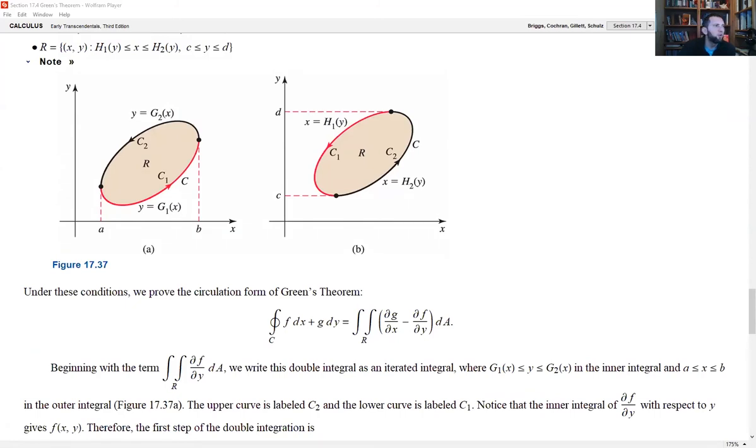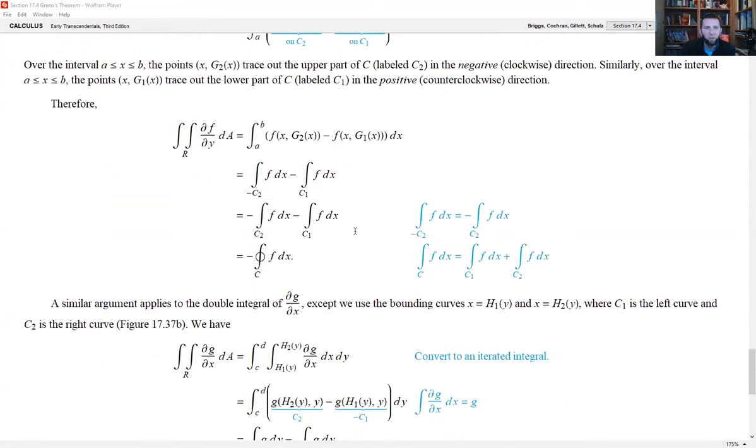So notice that C1 is going from A to B, but C2 is going from B to A. That's why we end up having to change the signs of what's going on here.